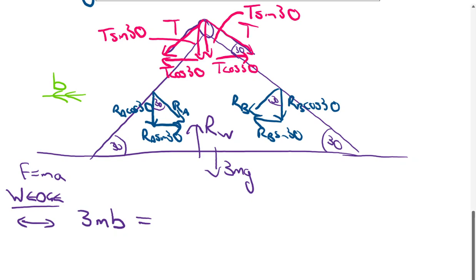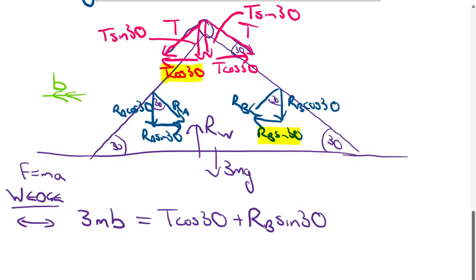So what are the forces that are pushing the wedge to the left? That would be T cos 30 plus OR B sine 30. I'm just going to highlight them here temporarily. Those are the only two arrows pushing it to the left, I think.